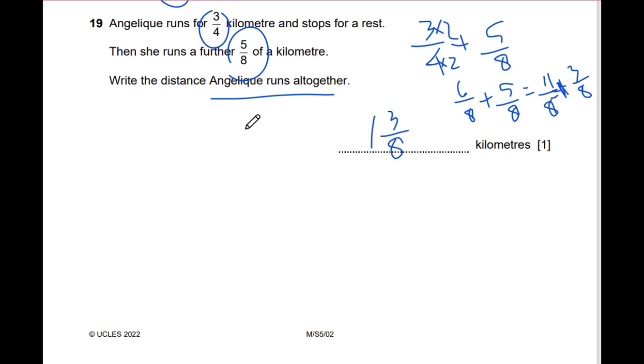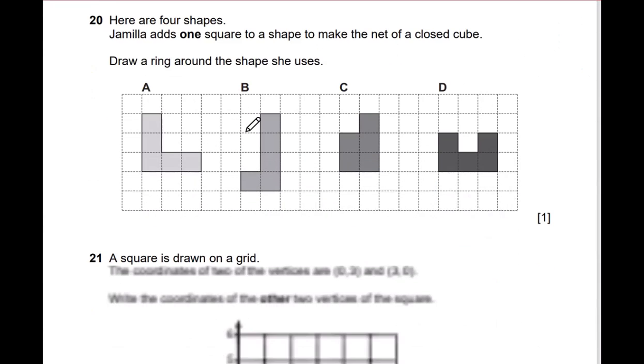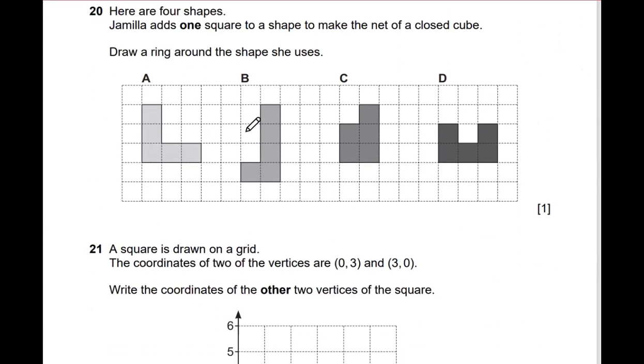Next. Alright. Question 20. Here are 4 shapes. Jamila adds 1 square to a shape to make the net of a closed cube. Draw a ring around the shape she uses. Add 1 square to make the net of a closed cube.